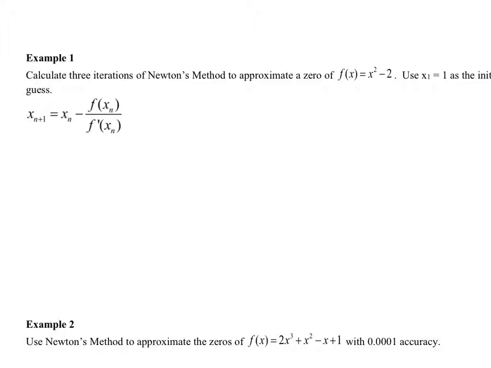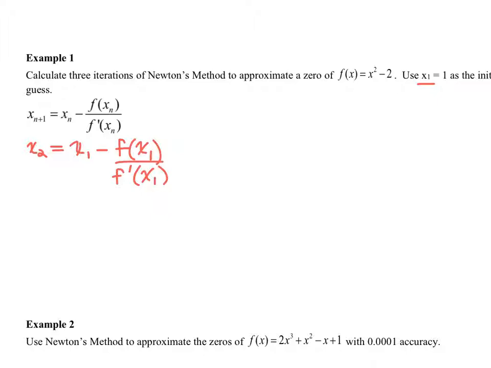Well, let's start off with the fact that they gave us x sub 1. All right, if that's the case, then what we're looking at here is x sub 1 plus 1, or x sub 2, is equal to x sub 1 minus f of x sub 1 over f prime of x sub 1.